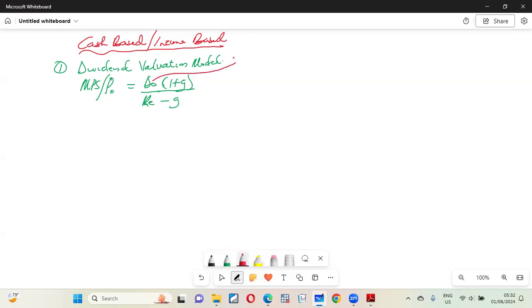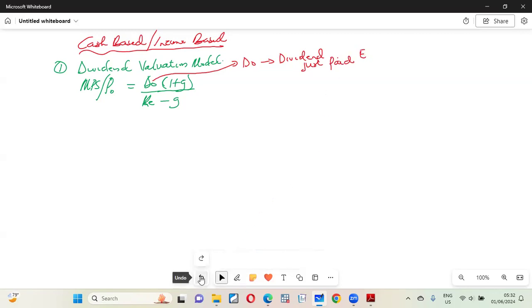The D0 here simply means dividend just paid. The dividend is just paid. In FM, we call it ex-div.